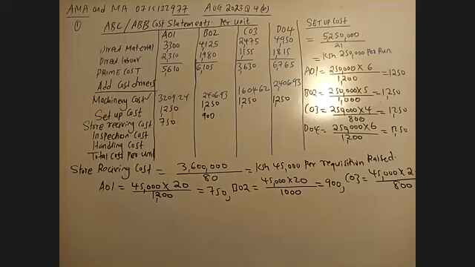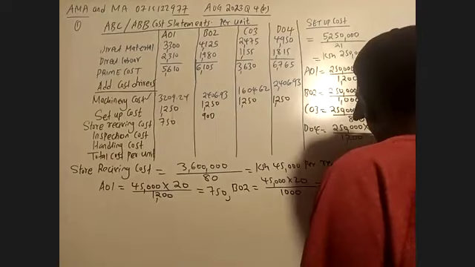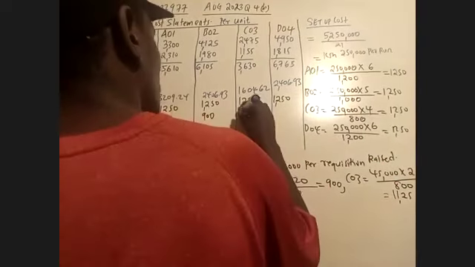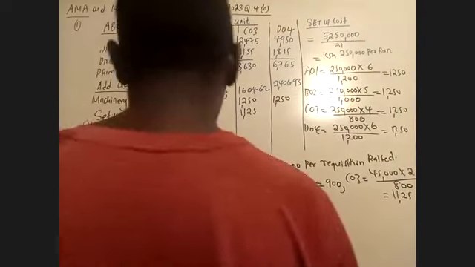Itakuwa ngapi? Na hii imetoka kwa laini. So 45,000 times 20 divided by 800 is 1125. Tumalizia mwisho.